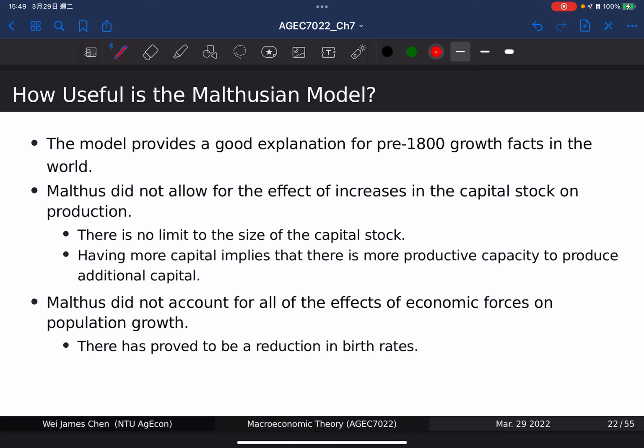So a lot of women right now choose not to become housewives and come out and work. And that will delay the birth or even decrease the birth rate. That's one reason. There are a lot of reasons, but basically the relationship is not as simple as what Malthus predicted, that if per person consumption is higher, we will give birth to more children.